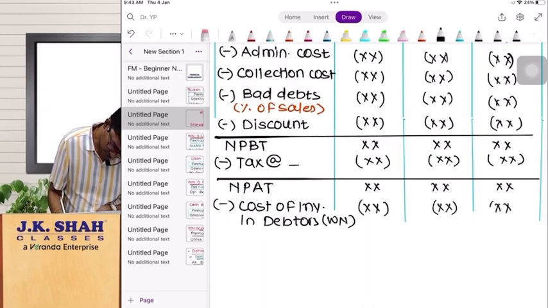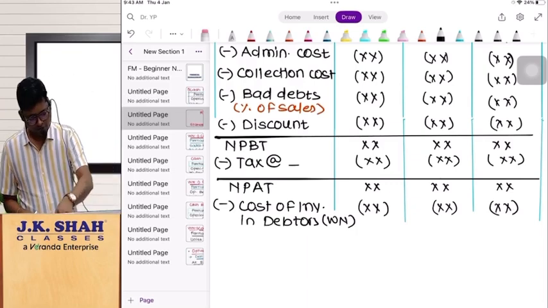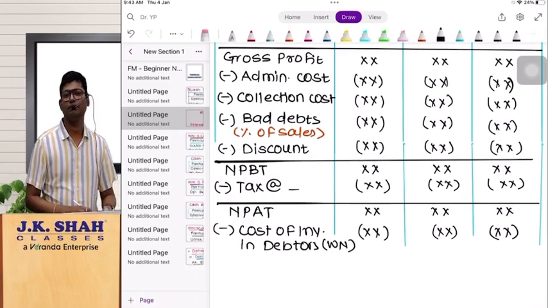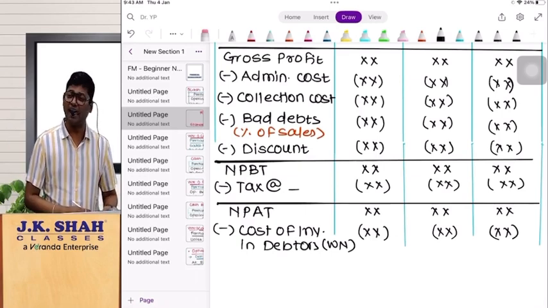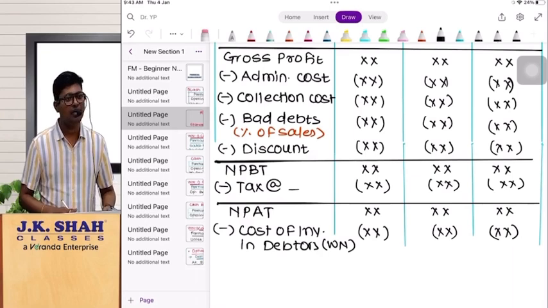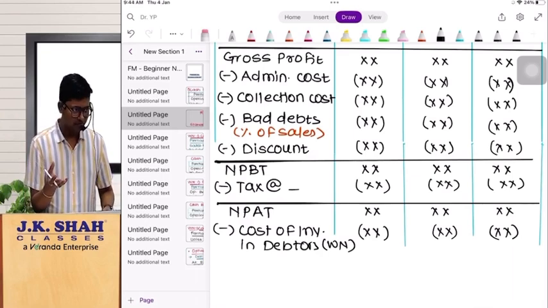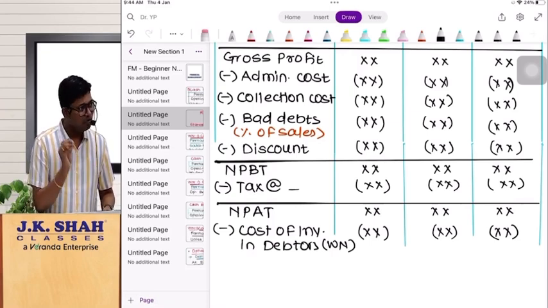A question comes in mind generally, why is this cost of investment in debtors recorded after tax profit? Why is it not recorded prior? Is this a real expense, actual expense, or is this an imaginary expense? Imaginary expense. By showing imaginary expenses to the tax department, if you are trying to minimize the tax liability, then they will ban your operations for lifetime.